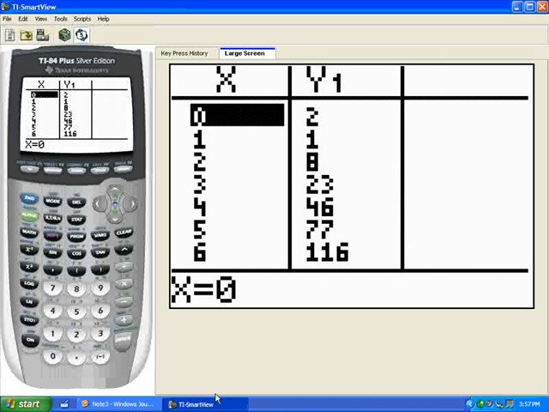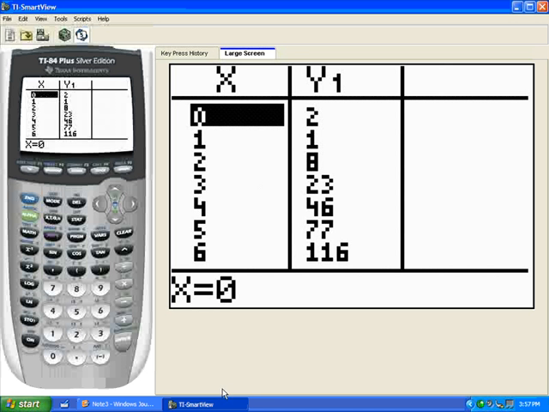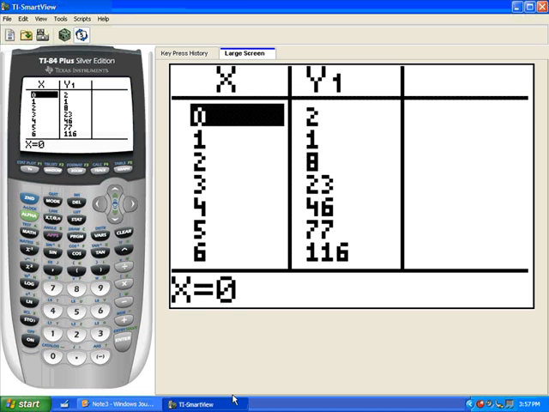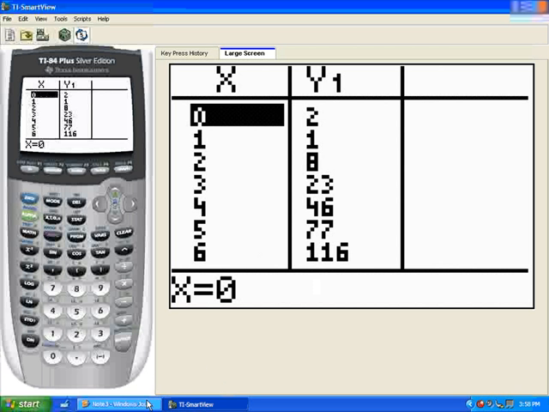Notice these x's started at 0, so we had 0, 1, 2, 3, 4, 5, and 6. Our y's were 2, 1, 8, 23, 46, 77, and our last number was 116.